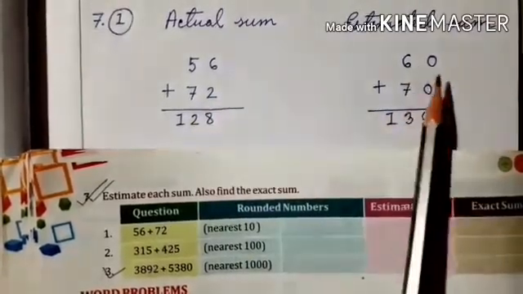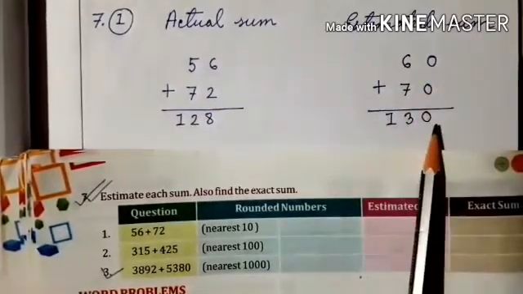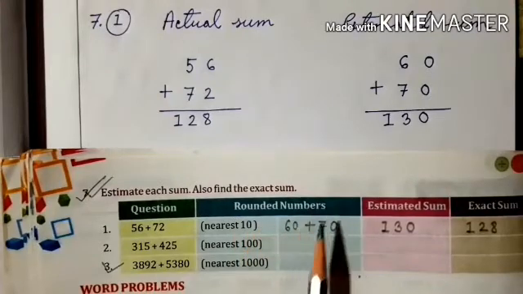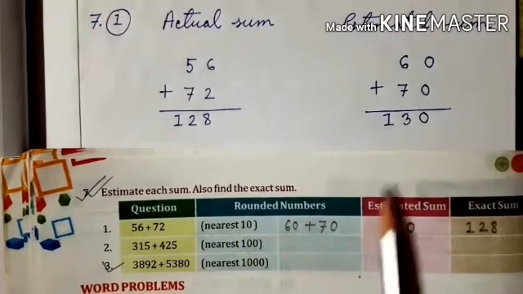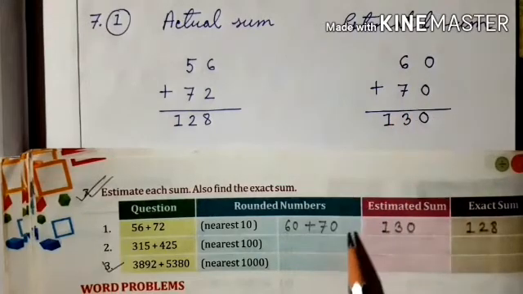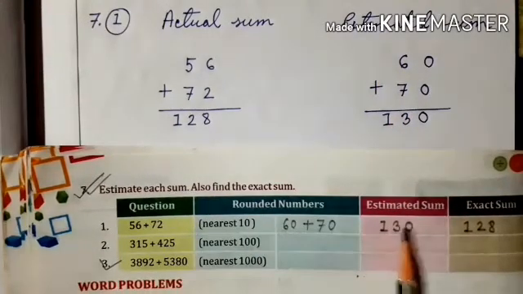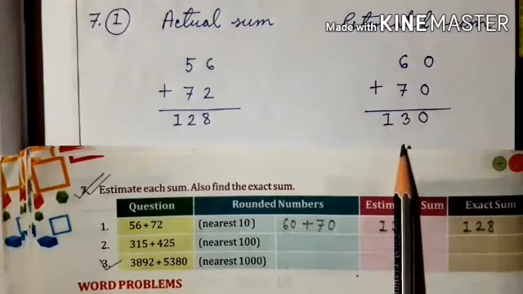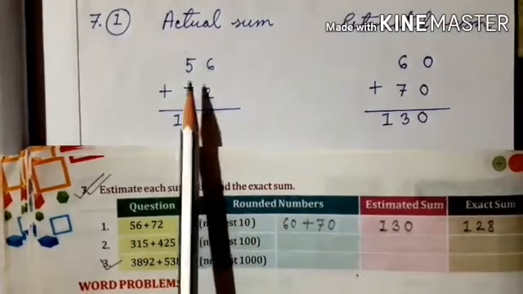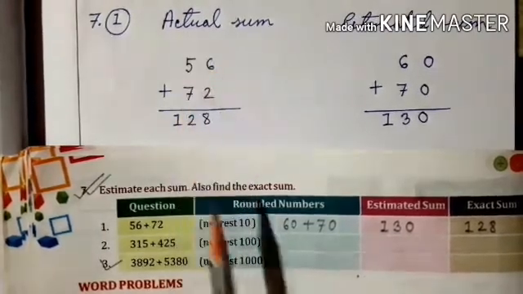Then adding these numbers, we get 130, right? So look here, rounded numbers 60 plus 70, okay? Estimated sum 130, which we got by rounding off, okay? Exact sum 128, which is our actual sum.